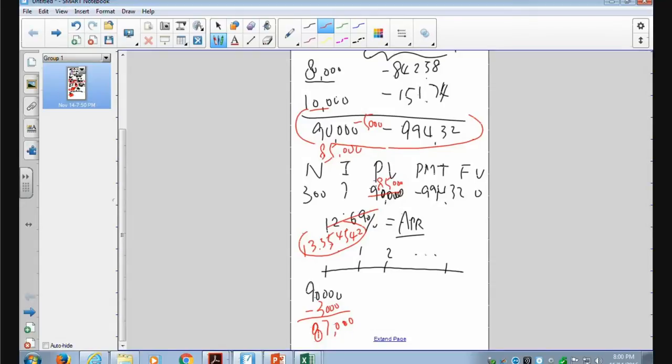So look. At time 0 you receive $87,000 as the actual cash flow. How much should your monthly payment be in order for the APR to be 13.554542? So now I need to find out the payments. What is it, right? But the condition is the APR is equal to 13.554542. I need to find it.